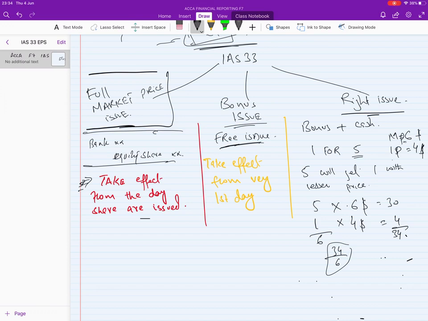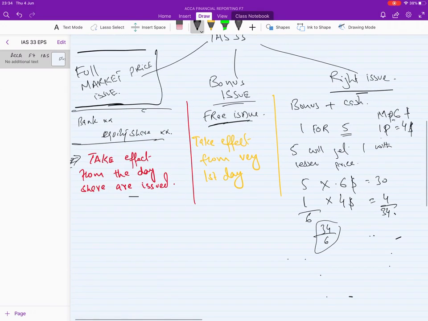But you can see here, in this question the market price was $6, but the issue price, you are issuing the same shares at 4. What is the difference? A $2 difference. It means you are giving $2 per share for free.